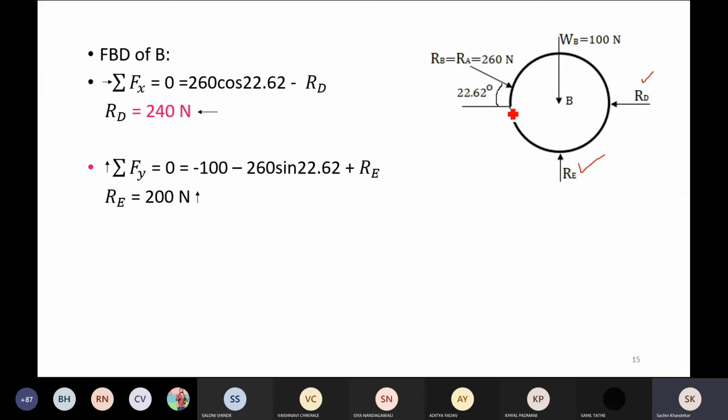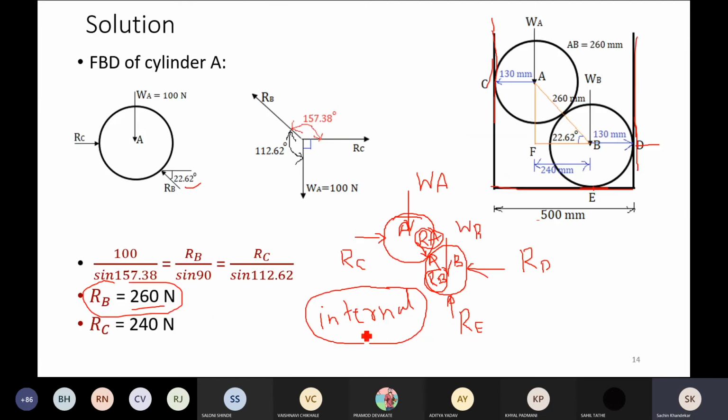Now this body is acted upon by four forces. What are the four forces? WB, then this 260 Newton, then RD and RE, and hence we cannot apply the sine rule. The sine rule is applicable only when the body is acted upon by three coplanar concurrent forces and that body is in equilibrium.